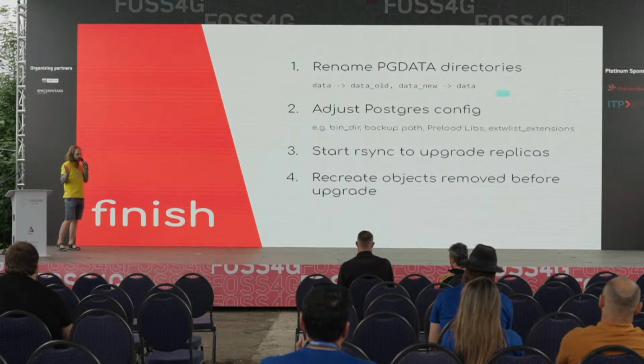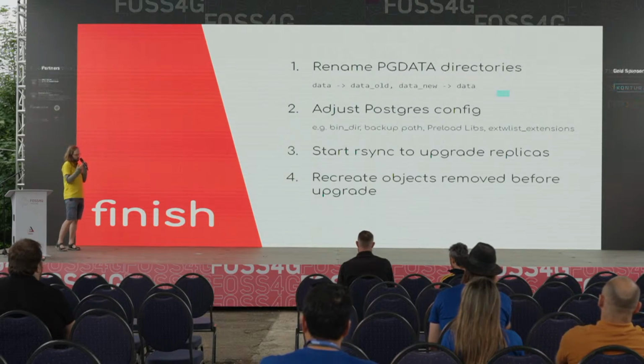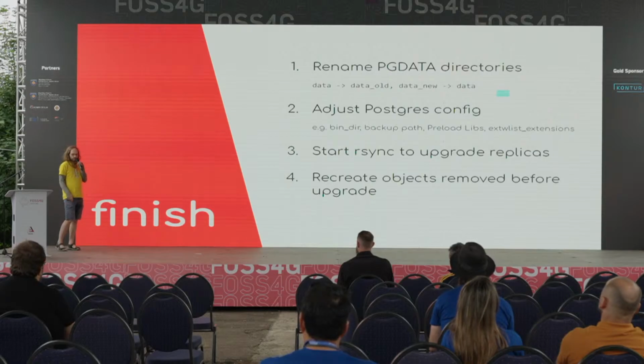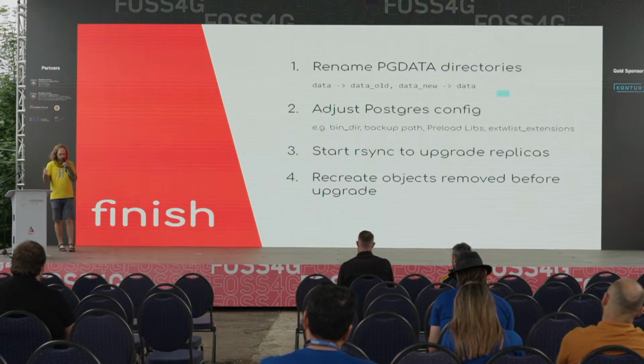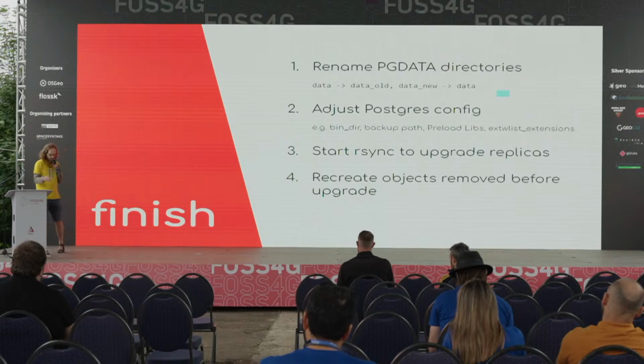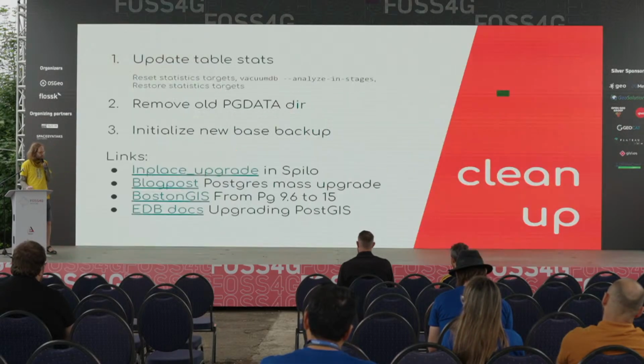Maybe there are different ways, but we found rsync to be the most convenient for us. It's also a matter of seconds, because it's just the files that have to be updated. And last but not least, all the stuff that you might have had to drop because of breaking changes, you have to re-add in your script.